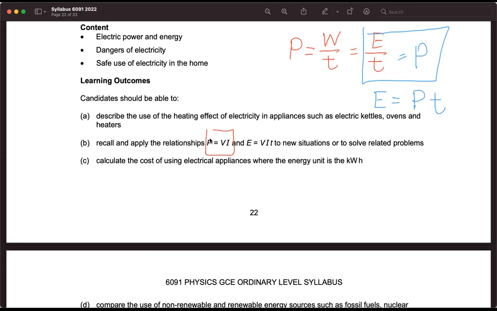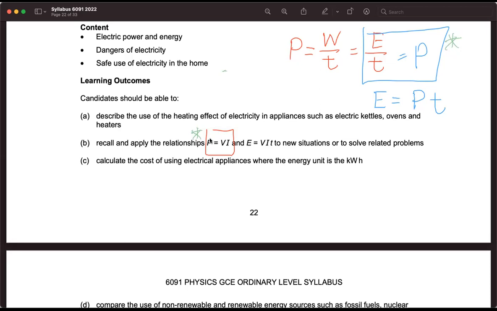The first formula that all of you need to memorize way back in chapter 6 or 7 is power is energy over time. And the second formula that you need to learn today will be power equal to V times I. From these two formulas, we can derive a lot of formulas.